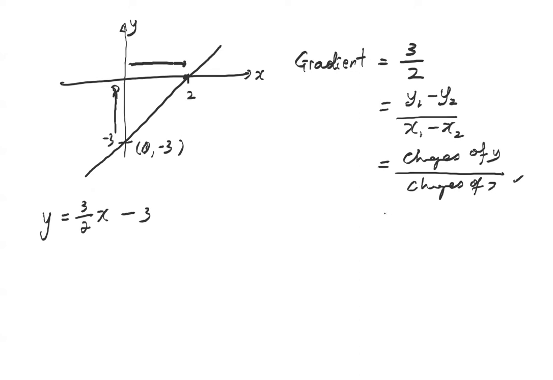So we call it the rate of change of y with respect to x, because x is the manipulated variable. When x changes, y changes because of the changes of x, not the other way around. So that is the meaning of the gradient. So how do I interpret this?